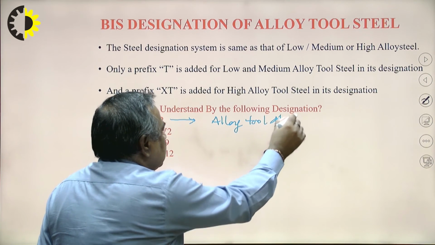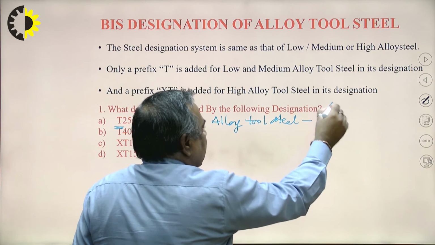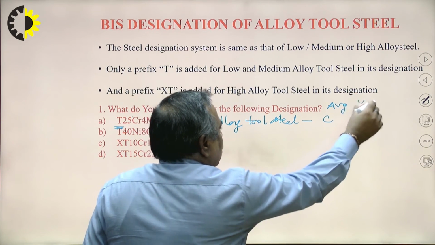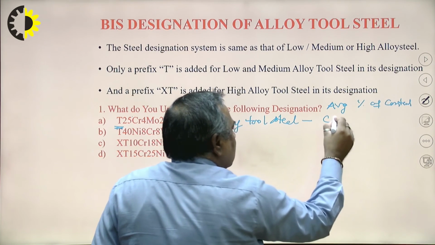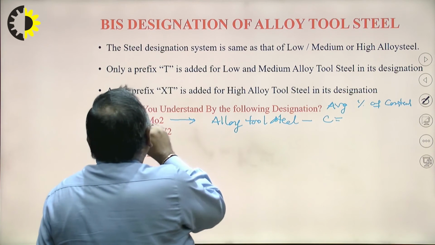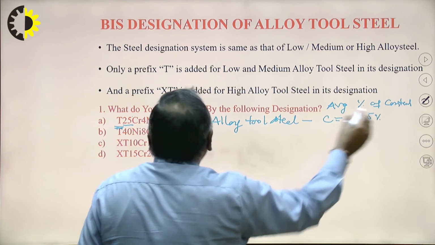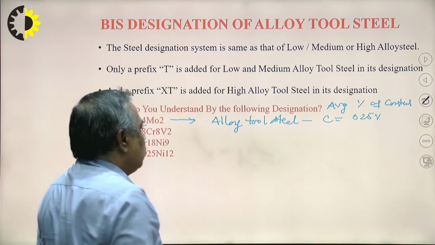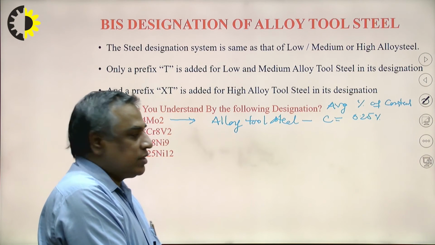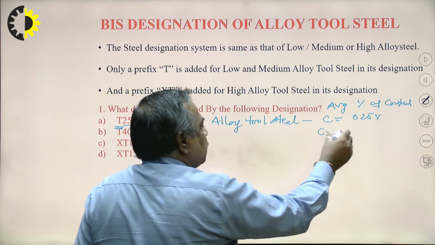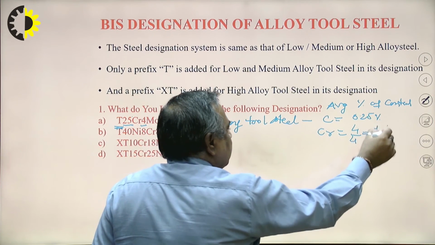and if you want to get the percentage content, then for carbon, I am writing here the average percentage content. So carbon is 25 by 100, that is 0.25%. Then this is low alloy, so we have to divide by the multiplying factors. So chromium is 4 by 4, 4 was the multiplying factor, it is 1%.